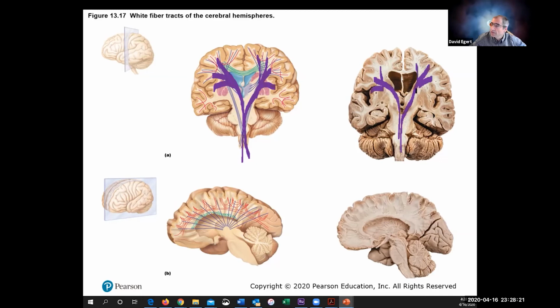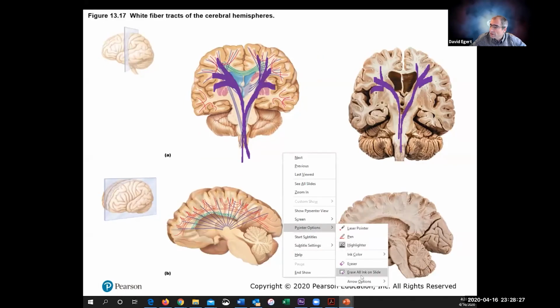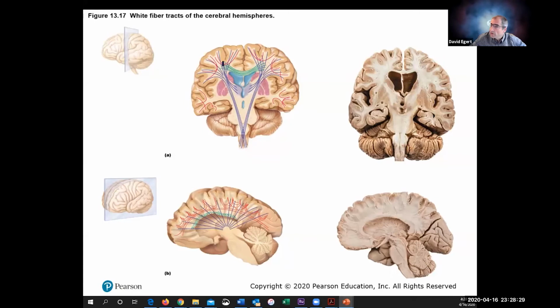Those were the projection fibers. And commissures like the corpus callosum, association fibers are just kind of the ones within.